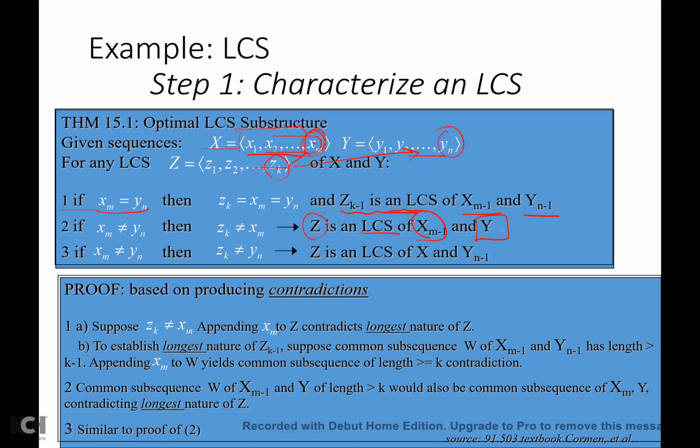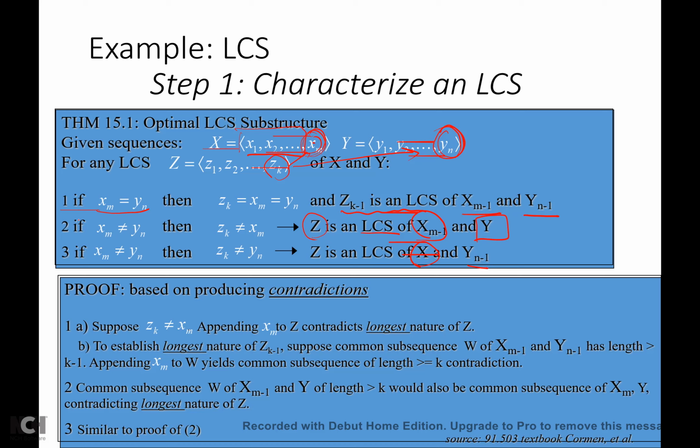This is one condition. Second condition, if xm not equal to yn, definitely both cannot contribute. And we are sure yn will not contribute. Then the longest subsequence came from the whole x with one smaller y, right?